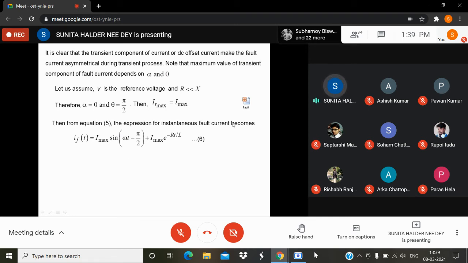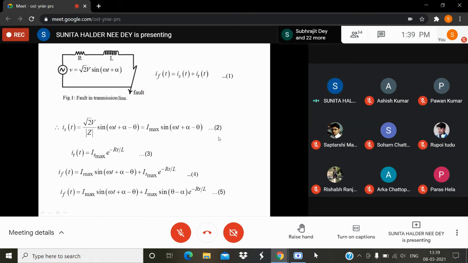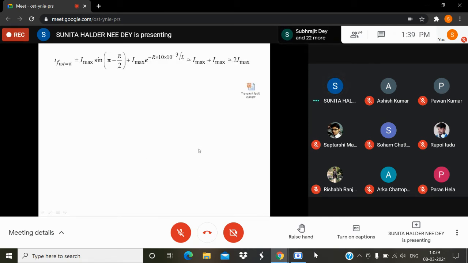Then obviously, at omega t equal to pi, this steady state component will have its maximum value. Can you follow me?